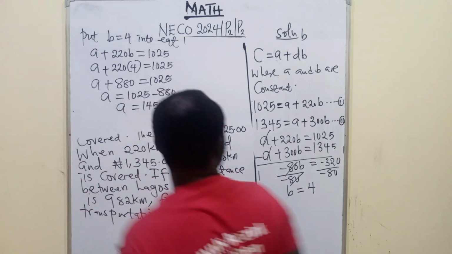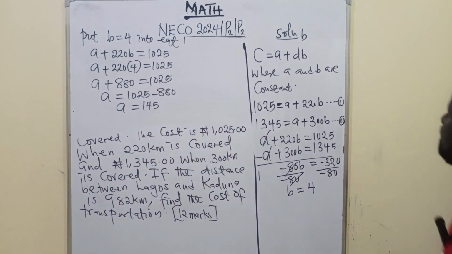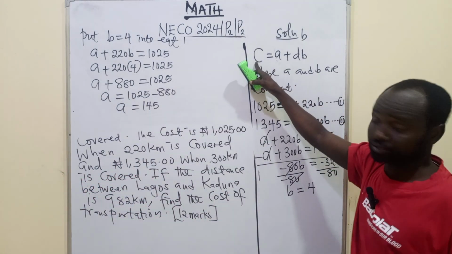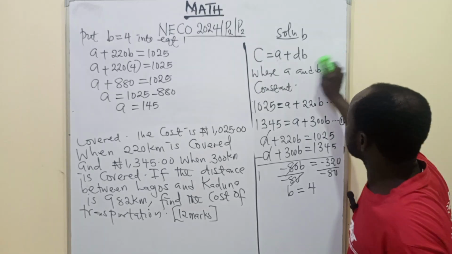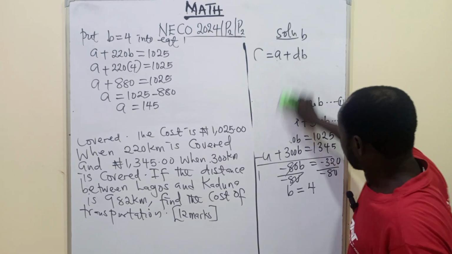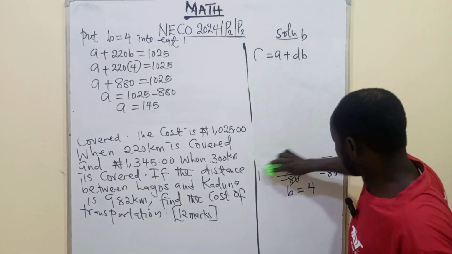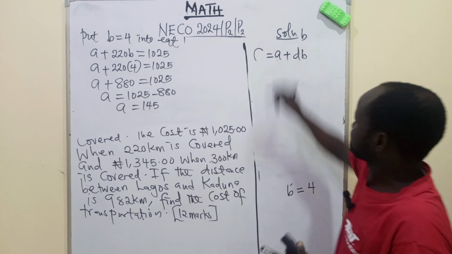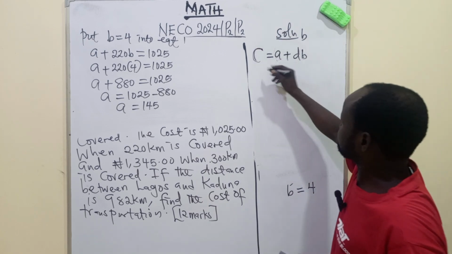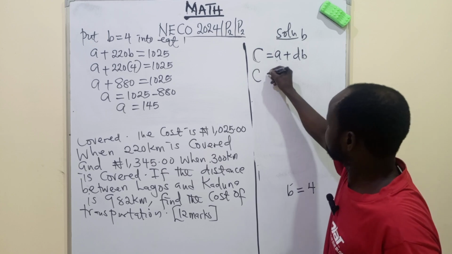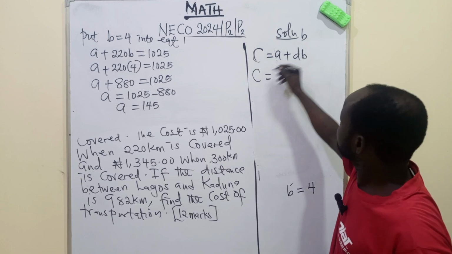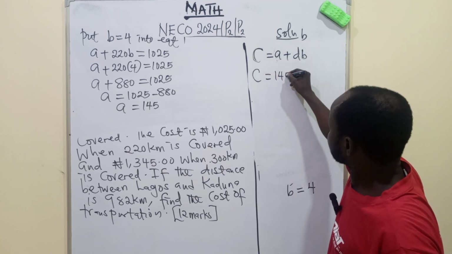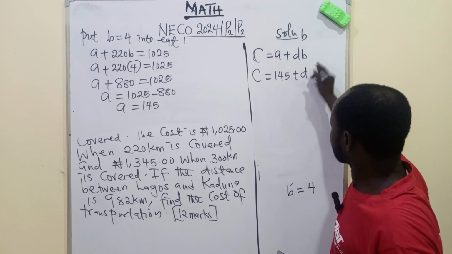So let's find the formula connecting the cost of transportation and the distance d now. To do that, we substitute the value of b and a into this mathematical representation. In place of c, we put c will be equals to a is 145 plus the distance d times 4.